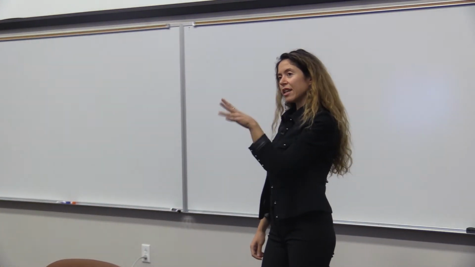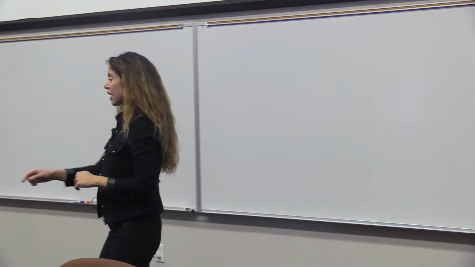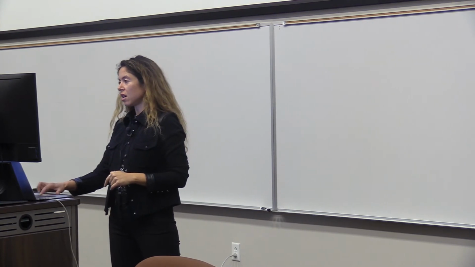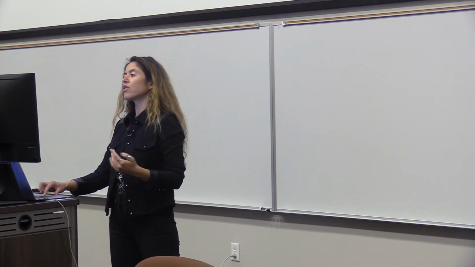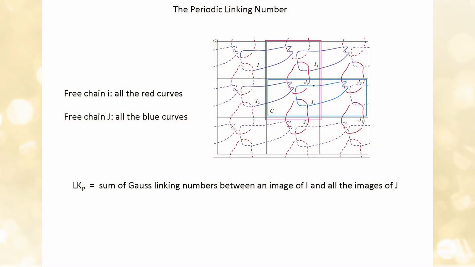It is almost the same idea as what I said before. We unfold one image, let's say of the blue curve, and we take the sum of linking numbers of this blue curve with all the images of the red curve, all the images. Okay, so this we call periodic linking number.